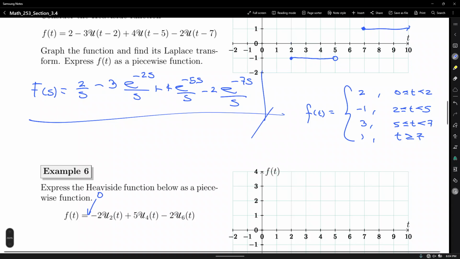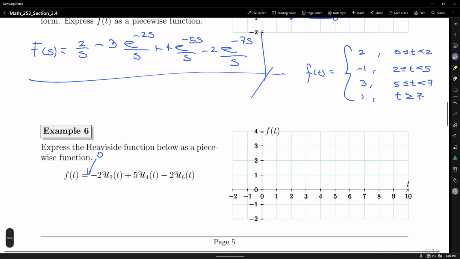We start at 0. And then the jump discontinuities are at 2, at 4, and at 6. So we're going to start with a signal of 0 from the very beginning, and we're going to turn off that signal when t equals 2. So that is our signal described with this horizontal line. Do you see the coefficient of -2? Doesn't that mean loss?